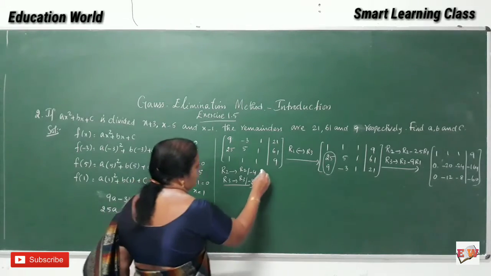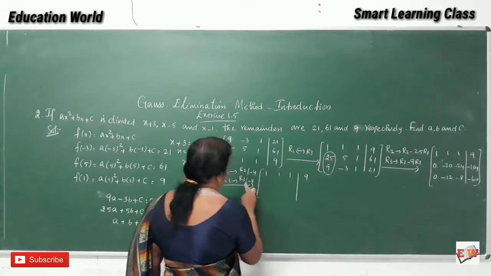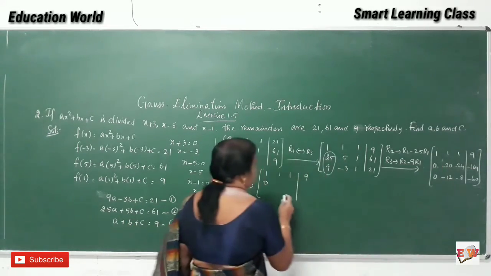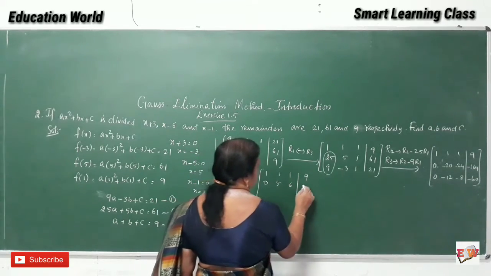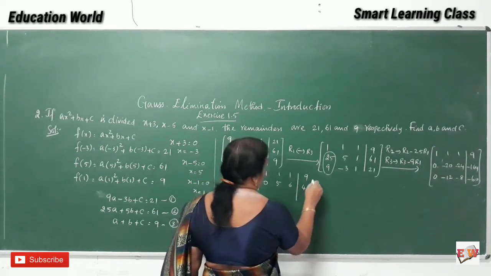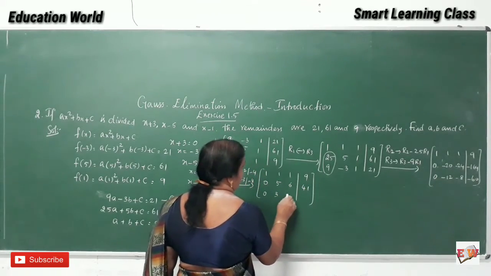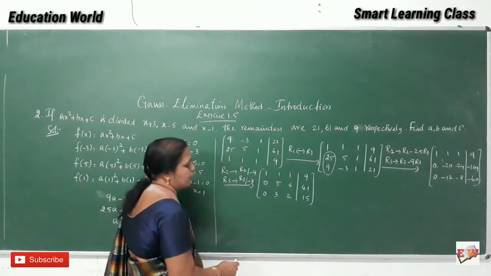That's why. 1, 1, 1, 9. Minus 4 means 0, and minus minus will be cancelled: 5, 6, 41. Next one, 0, 3, 2, 15.